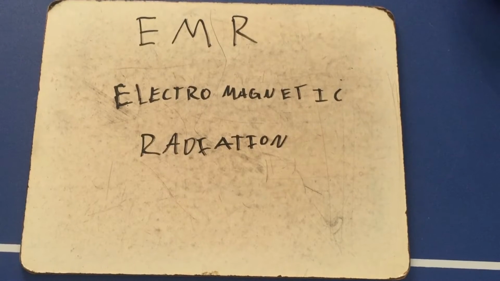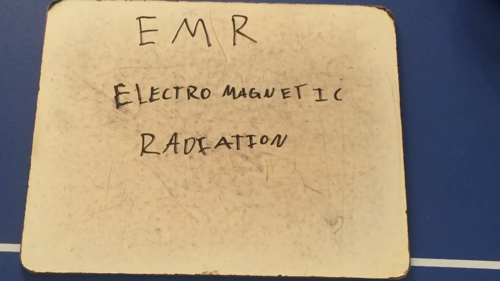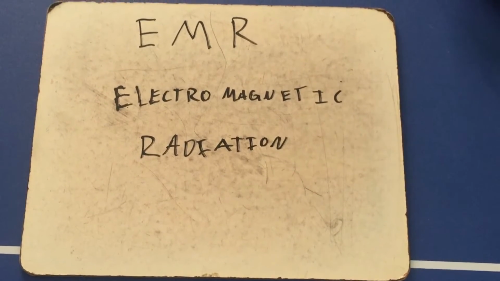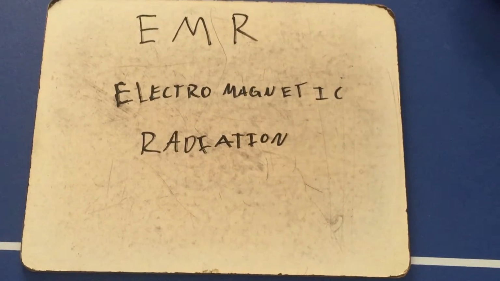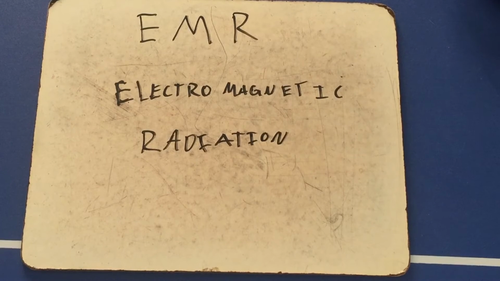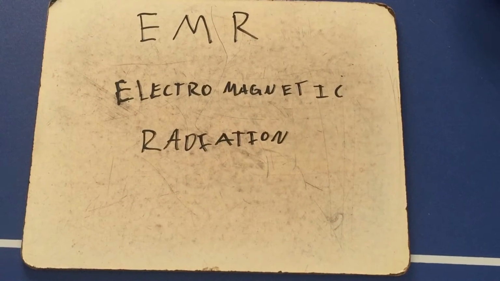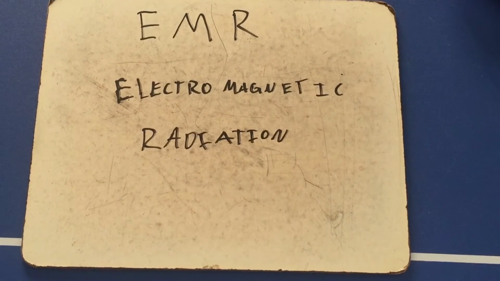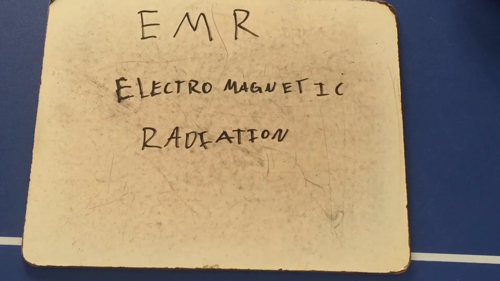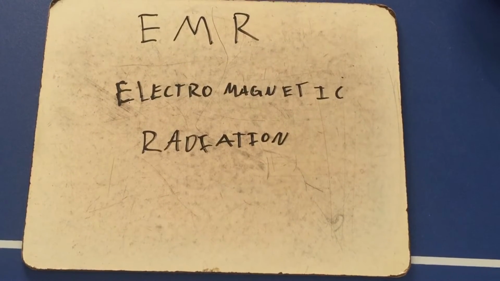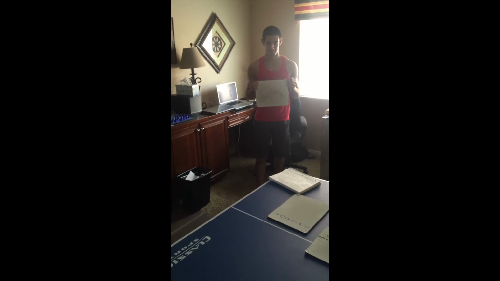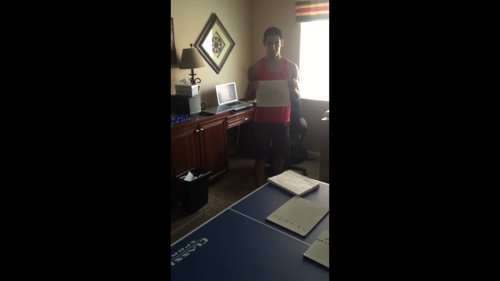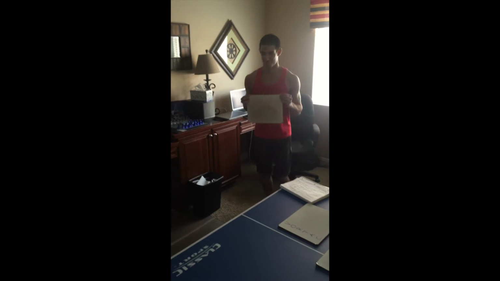Electromagnetic radiation consists of electromagnetic waves, and these waves are basically electric and magnetic fields that are moving at the speed of light, that oscillate at the same time and the same magnitude. Alright, so an electromagnetic wave is formed from a charged particle accelerating, just like Joey's about to show us.